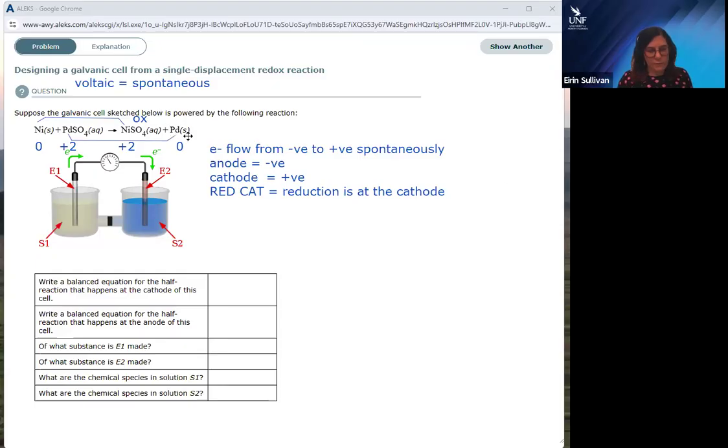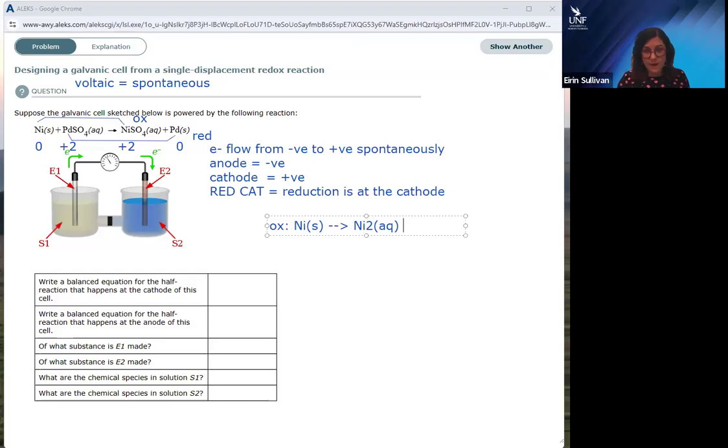This fits in with what we know about the activity series of metals, right? Nickel is above palladium in the activity series, so nickel metal can displace palladium from a solution of its ions. So let's write our half reactions in terms of oxidation and reduction. My oxidation half reaction is that nickel solid is being oxidized to nickel 2 plus, aq.